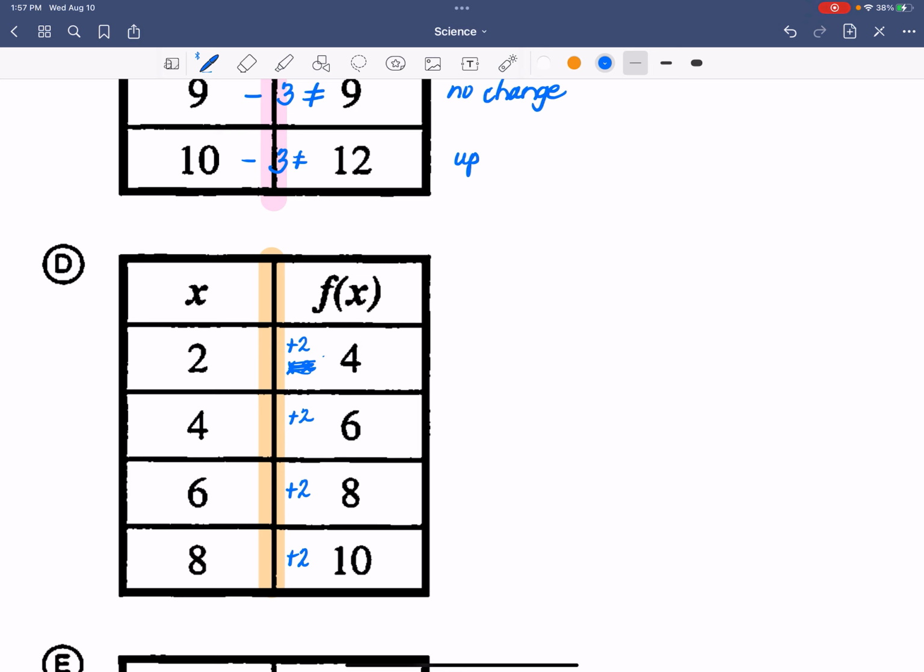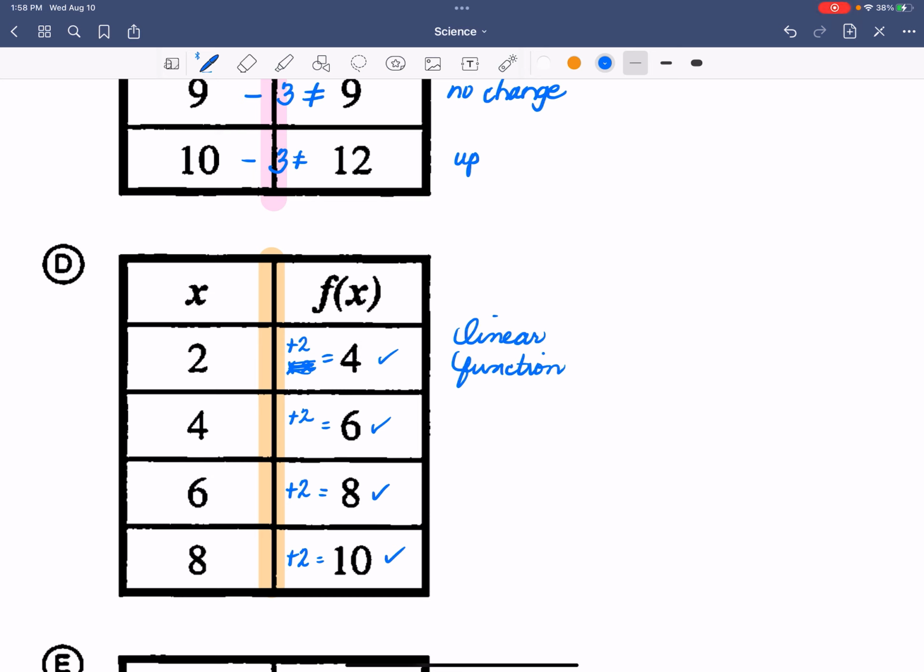2 plus 2 is 4. That checks. 4 plus 2 is 6. That checks. 6 plus 2 is 8. That checks. 8 plus 2 is 10. That checks. This is a linear function, because in each set of cells, left to right, the rate of change is the same.